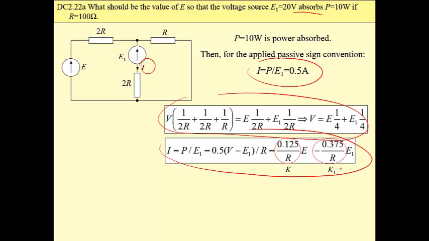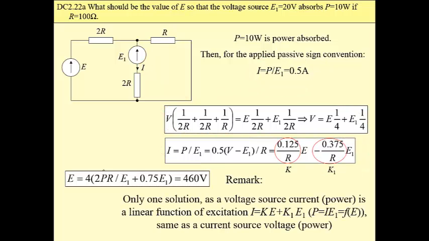If we set this current to this formula and rearrange this equation, we obtain a voltage which is a sum of two components as before, but it is only one value, only one solution.